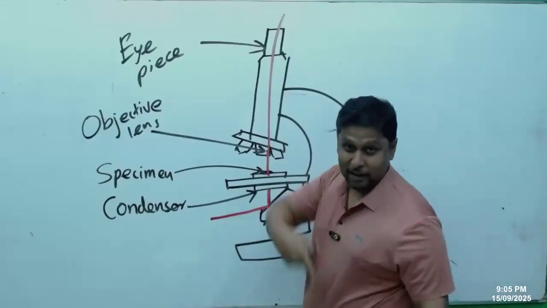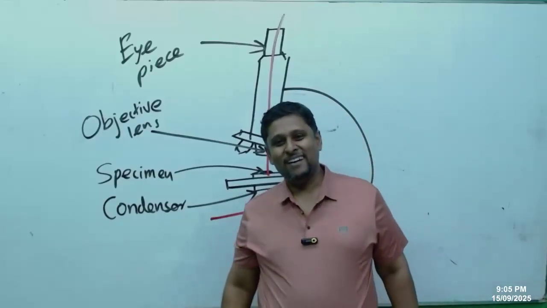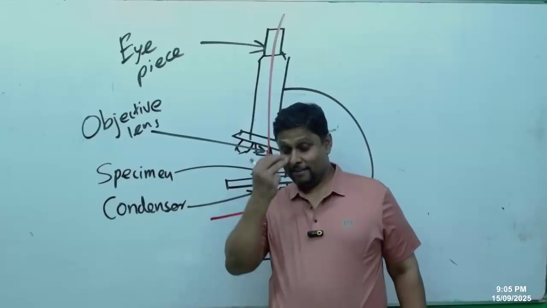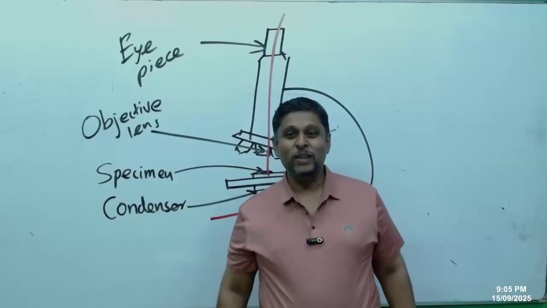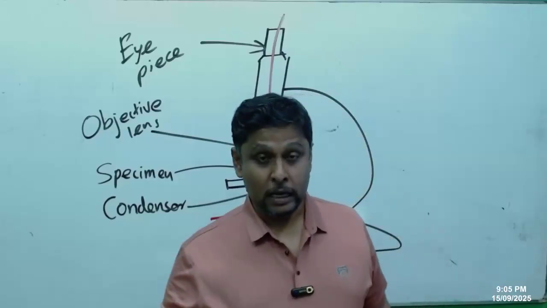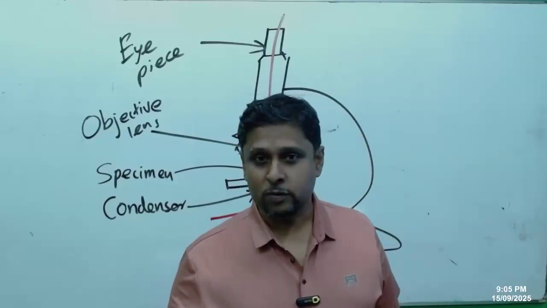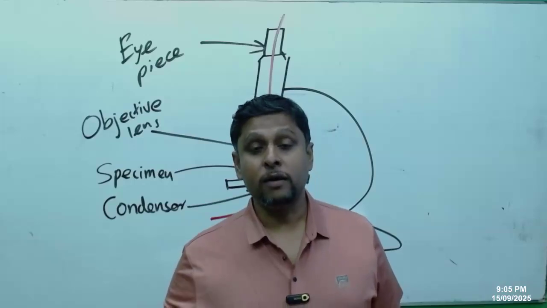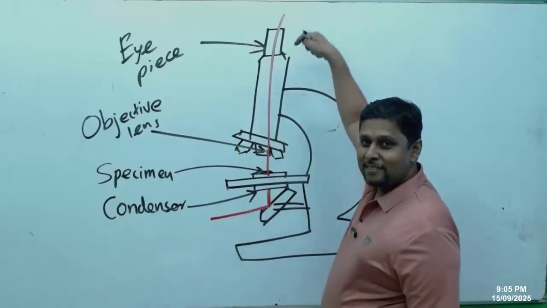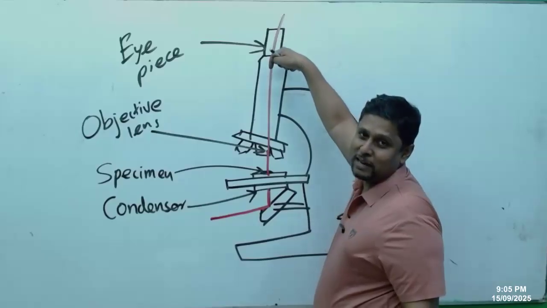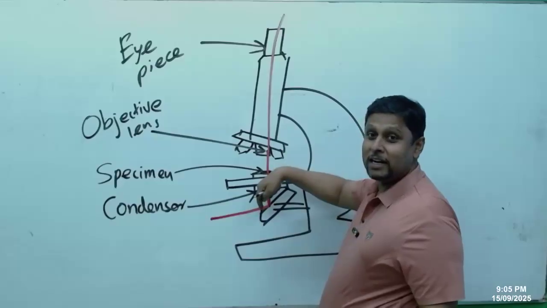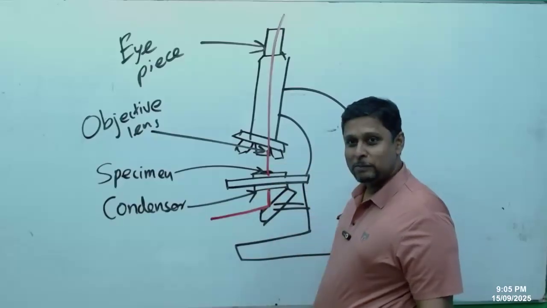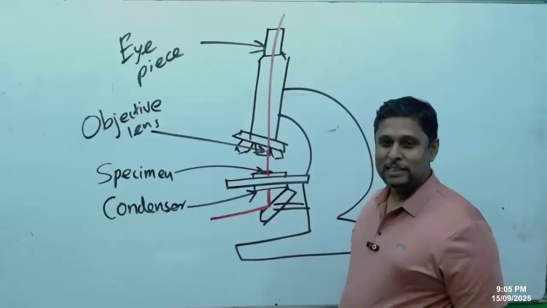If your eye emits light, like in some cartoons where people emit laser beams from the eye, then you can send the light first through the eyepiece lens, then the objective lens, and then the specimen, and you can burn the specimen.